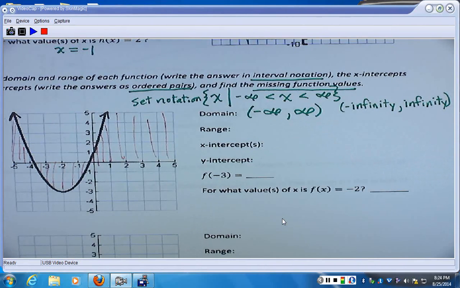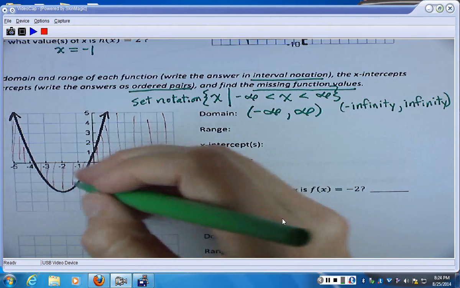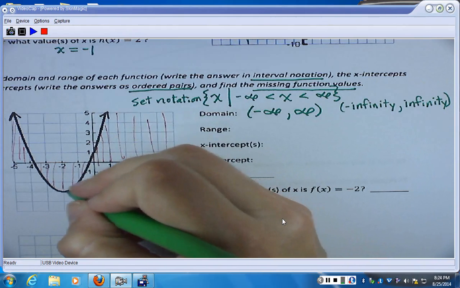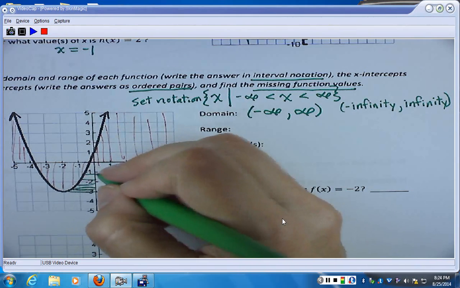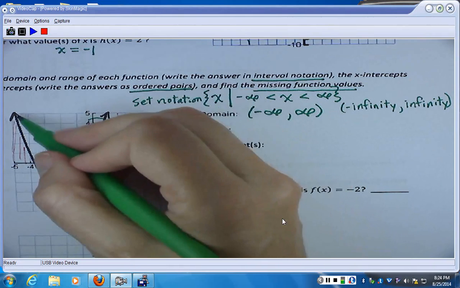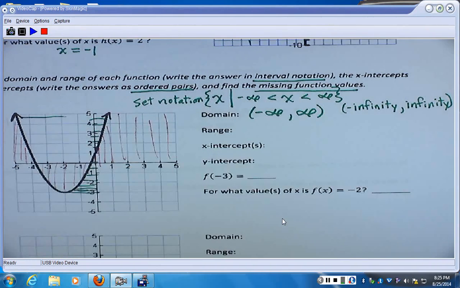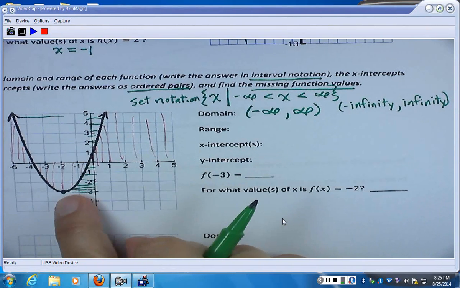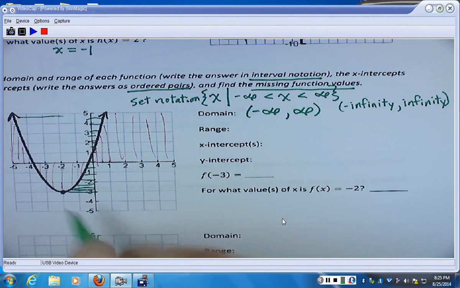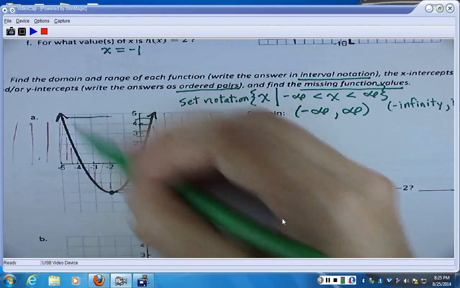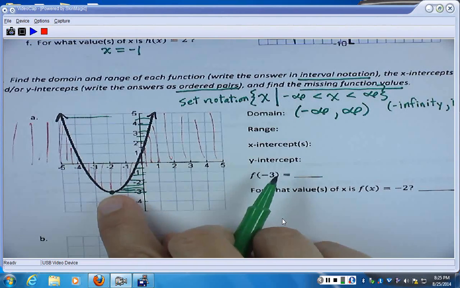All right, and range. Okay, so you're going to project the function to the y-axis. You can project it here too if you want, but can you see that this is a parabola, and if the vertex looks like it's right at a point, then it is.